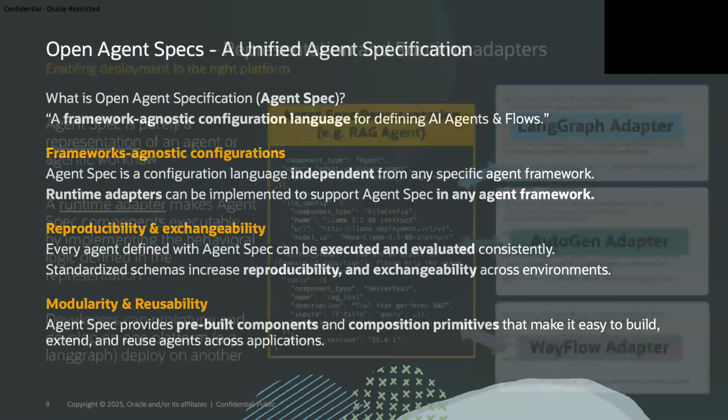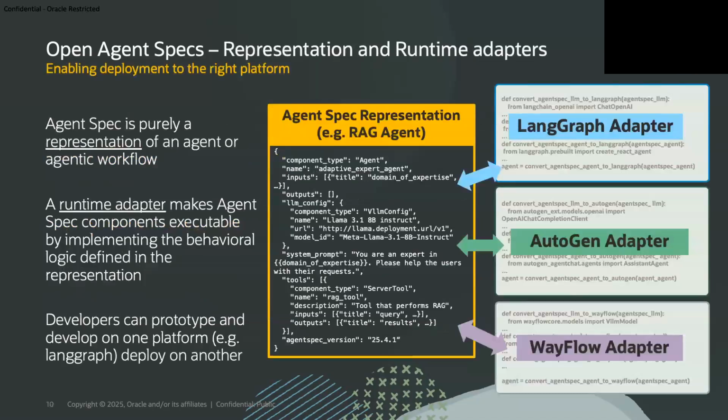All right, so more details. Here in the center, you see an example. It's very simplified, and there are missing parts, of course, of one agent spec representation that represents a retrieval-augmented generation agent. This is purely a representation of an agent. With that representation, nothing can happen.